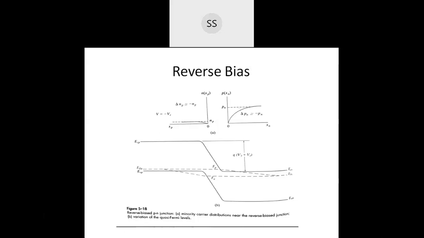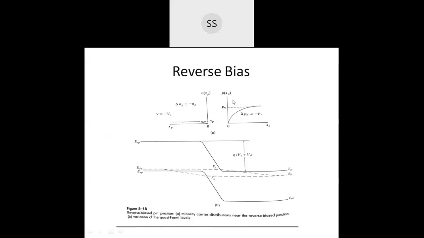The extraction occurs because the minority carriers present at the edges of the depletion regions are swept down the barrier at the junction, to the other side.